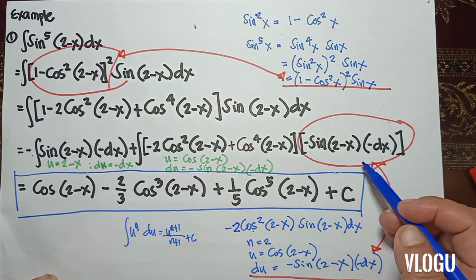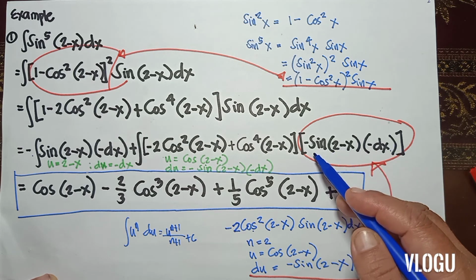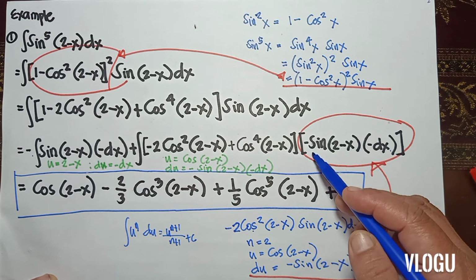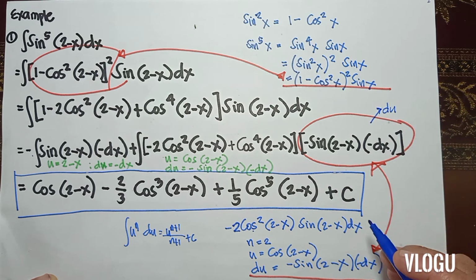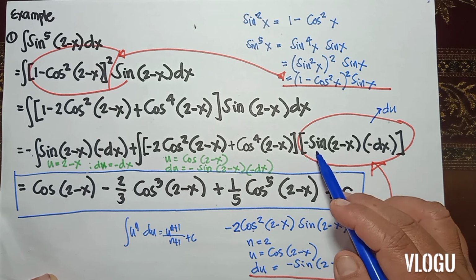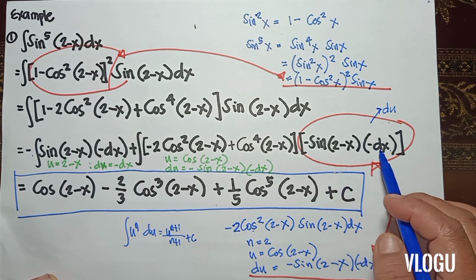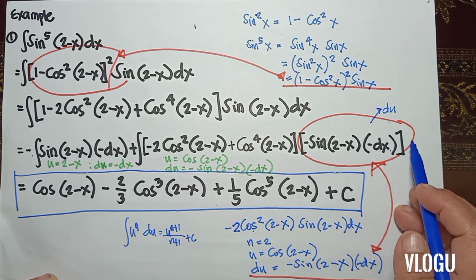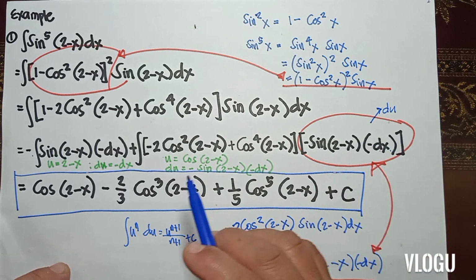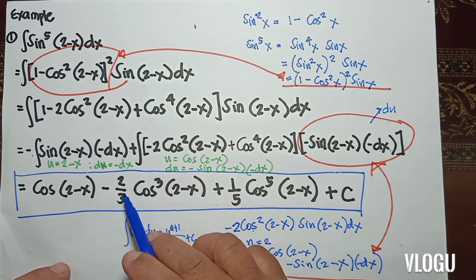So that's the reason we have this as our du. Our du is negative sine (2 minus x) times negative dx. Negative times negative becomes positive, so you don't need to multiply by a negative here.